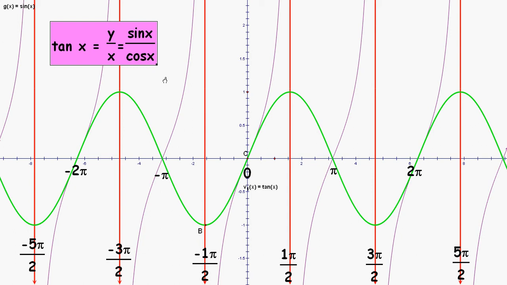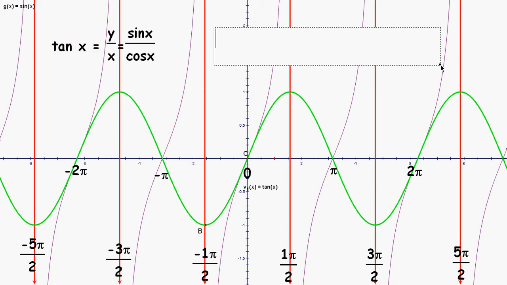In the equation, y equals, and let me type this out here too, y equals a times tan, and then we have the b, and it's x minus h, plus k.